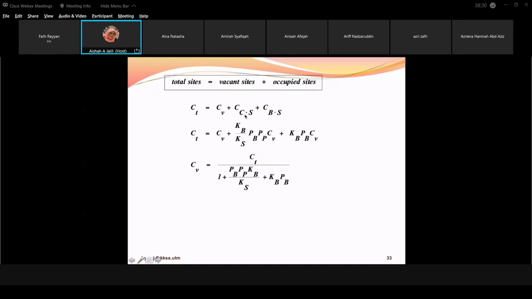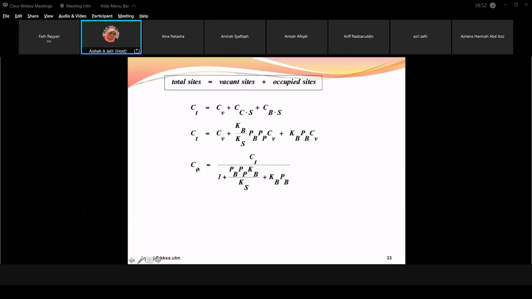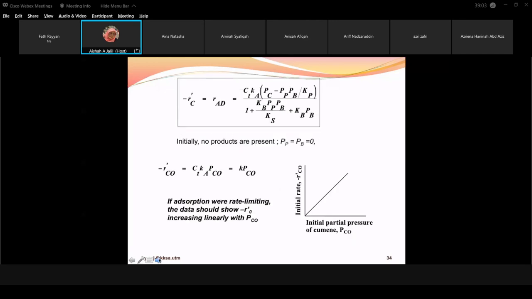Because you have both C·S and C_B·S, you have to write like this to get the C_T. Why do you have to write the C_T? Because you want to write the C_V in terms of all this. So when you put it into the C_V in this r_AD equation, you can get the overall rate law for r_AD like this.